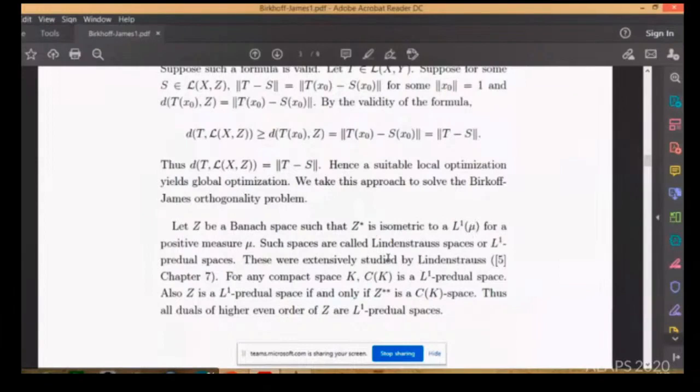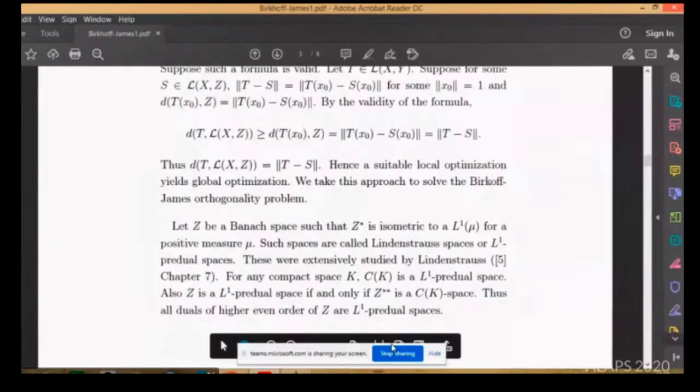These are Banach spaces which have the property that when you take the dual, then the dual is isometric to the space of all integrable functions with respect to some positive measure mu. So this is somehow a very natural class. When you look at L^p space theory, you realize that it is possible that you have Banach spaces X such that their dual is isometric to L^1 of mu.